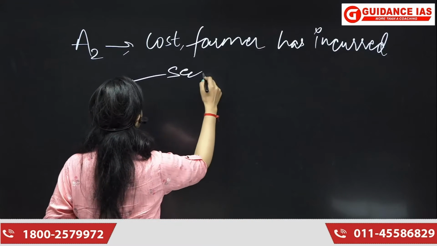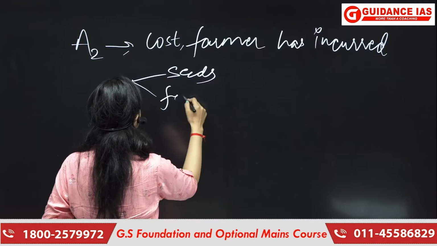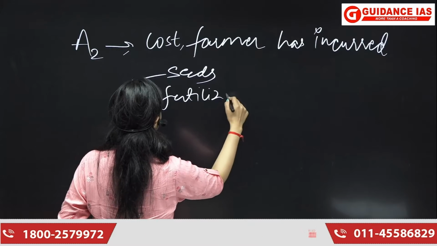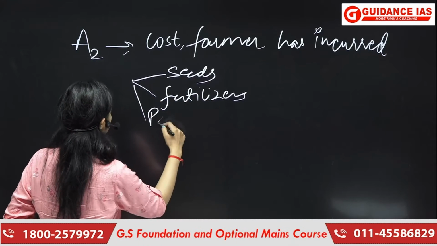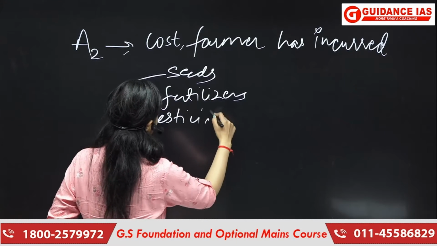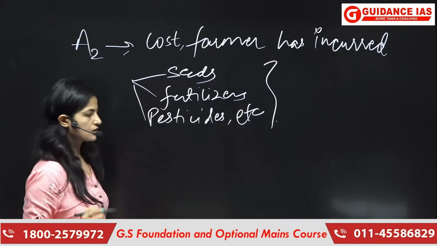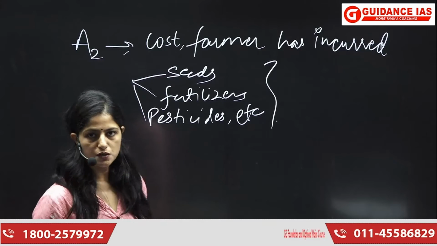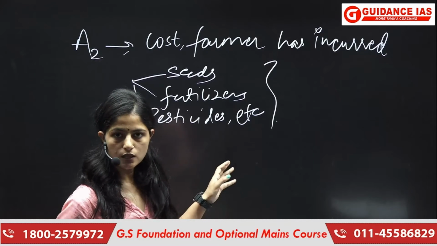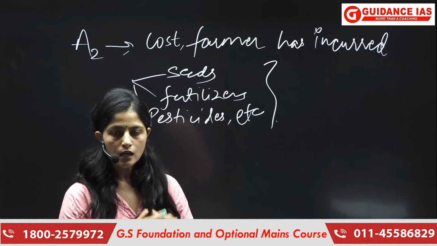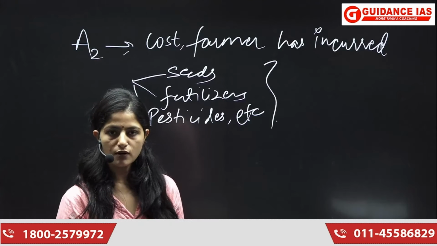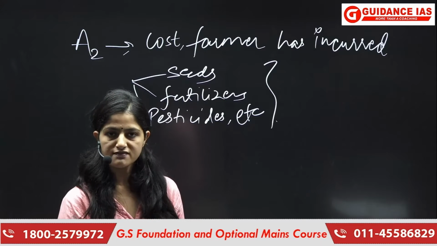Seeds, fertilizers, pesticides, etc. The list is long. ठीक है, when the farmers sow their crops, they buy all of these things. तो इसमें जो भी खर्चा आता है, everything should be inclusive of when we decide the rates of MSP.